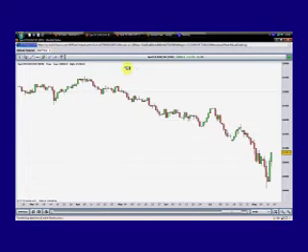Now this is the Euro Swiss franc currency pair. As you can see on this daily chart, it was going down. If you understand the fundamentals that govern this currency pair, the Euro Swiss franc, normally I do not trade it.